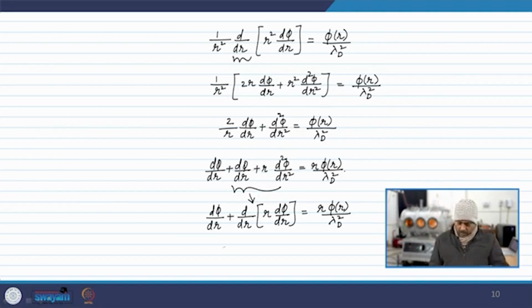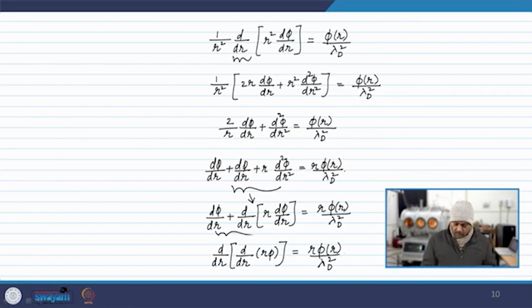We can take d by dr as common and we will write d by dr of r phi is r phi of r by lambda d square. So, all of this is written like this. You just try to match, you will find out that both of them are the same. Okay. You first take d by dr of this, which is uv, then you take a derivative on that, you will get back this. Maybe you can try it yourself and match both sides.